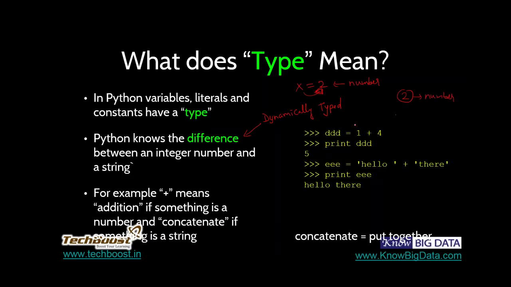It also knows that when you do plus, that is addition, which we just saw as a numerical operator, on numbers, it is an addition operation. But when we do plus on strings, this is called concatenation.